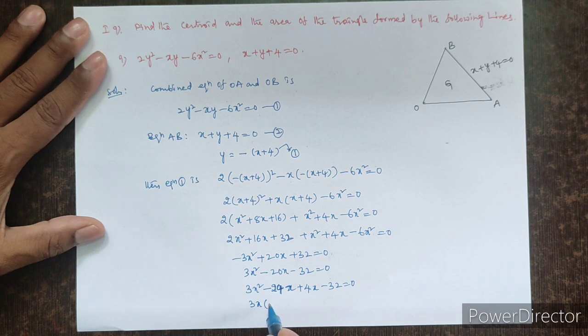3x take common, x minus 8, plus 4 take common, x minus 8 equal to 0. So (3x plus 4) into (x minus 8) equal to 0.